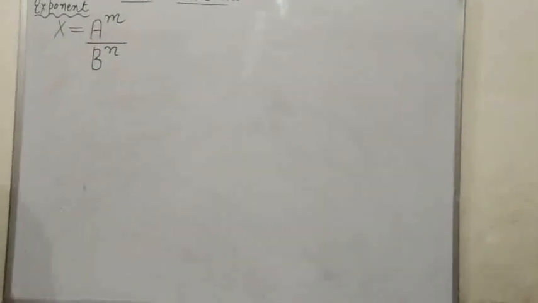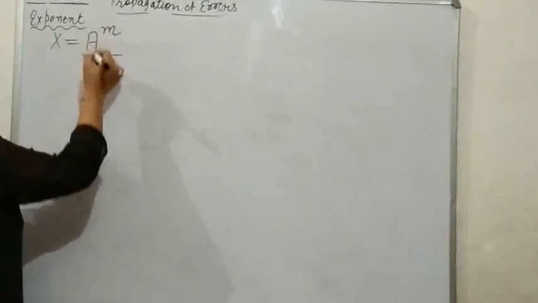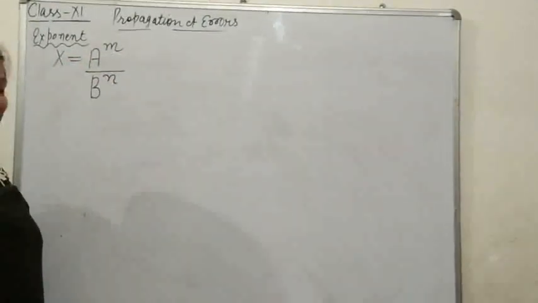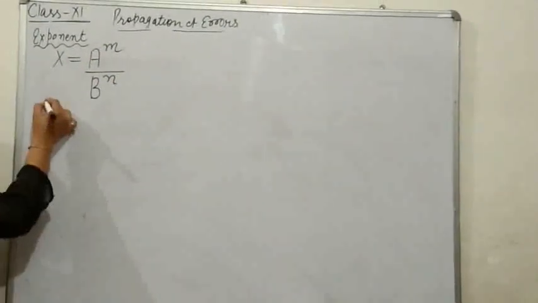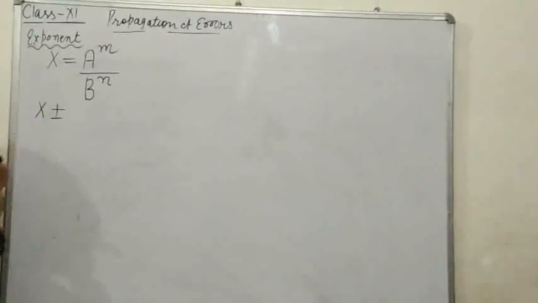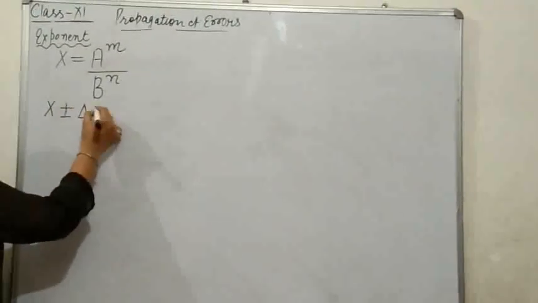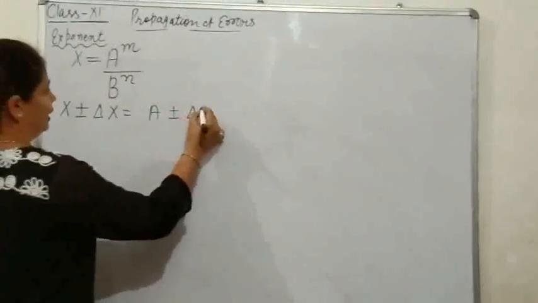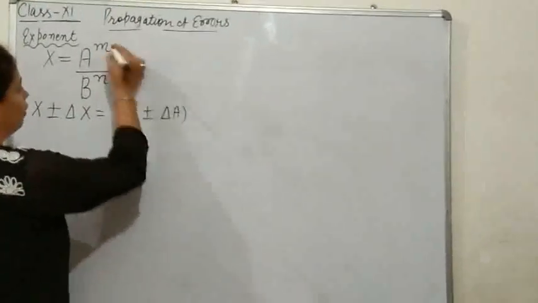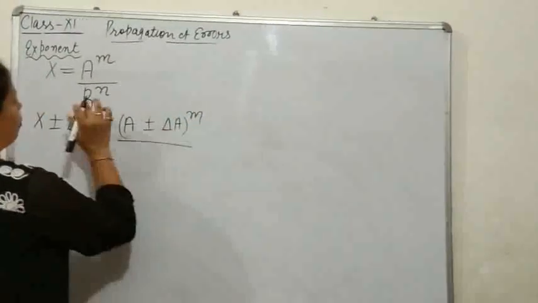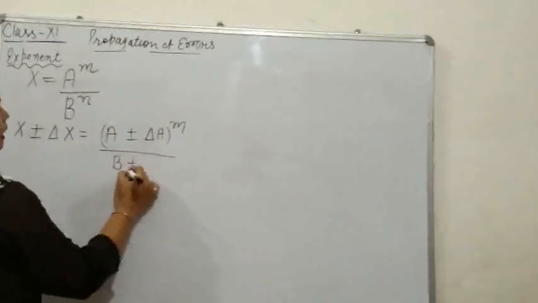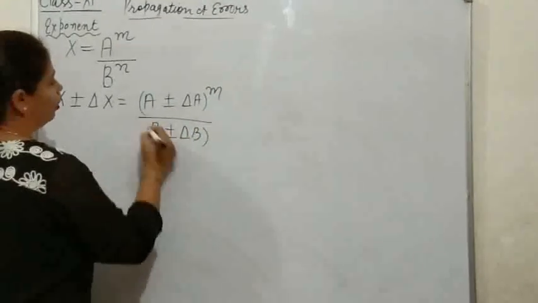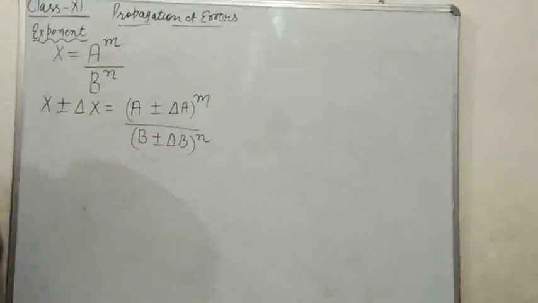As a has error delta a and b has error delta b, x cannot be error free, it must have error. So pursuing in a similar manner, x plus minus delta x is equal to (a plus minus delta a) whole raised to the power m upon (b plus minus delta b) whole raised to the power n.